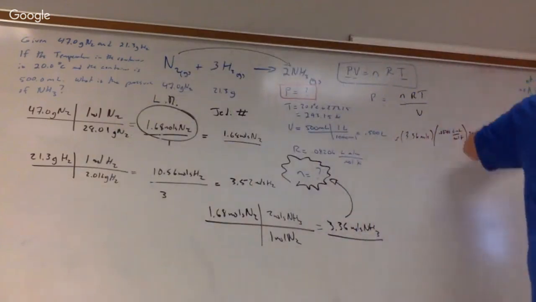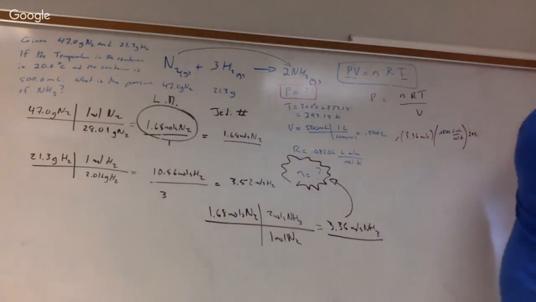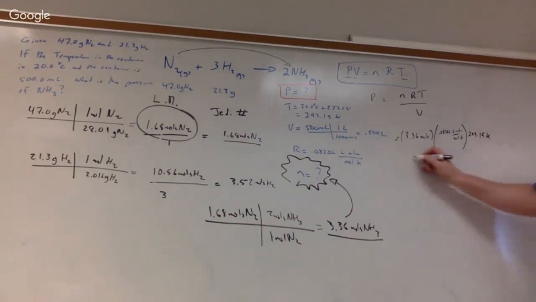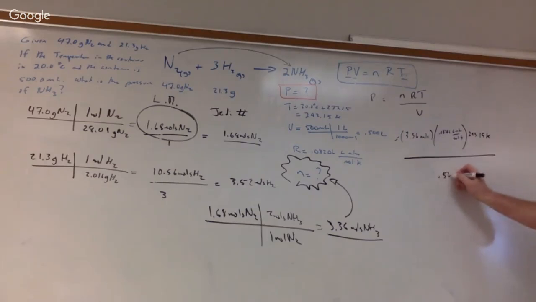Seems a shame to erase such brilliant prose. 293.15 on the top, and that's going to be Kelvin. And then on the bottom, I'm going to have 0.500 liters. And will you agree with me that that will be equal to my pressure?